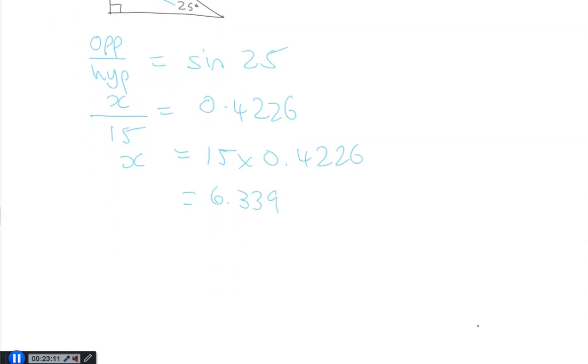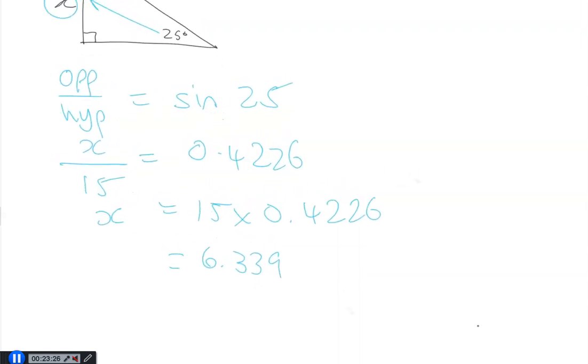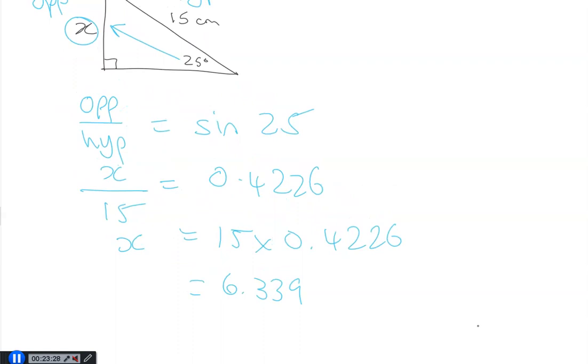Okay, cool. Now, this is where we as a class are going to become a little bit intelligent and say, rightio, 6.339, in this case, centimetres. So first of all, before we go any further, are we okay with how we got 6.339? Yep, we will do more examples, but for this particular calculation, does that make sense? Right? Now, I'm not going to give 6.339 as my answer.